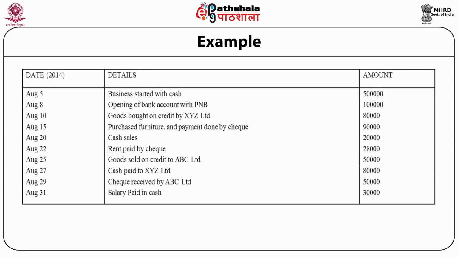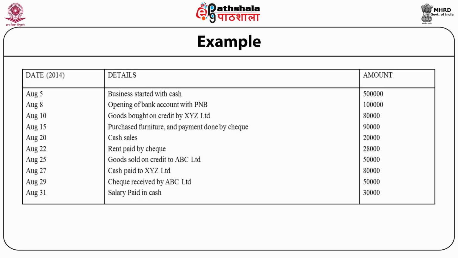Example: from the following transactions of Messrs. Mallis and Brothers, prepare a journal and post the entries in ledger accounts. Date: August 5, 2014. Details: business started with cash, amount rupees 5 lakhs.